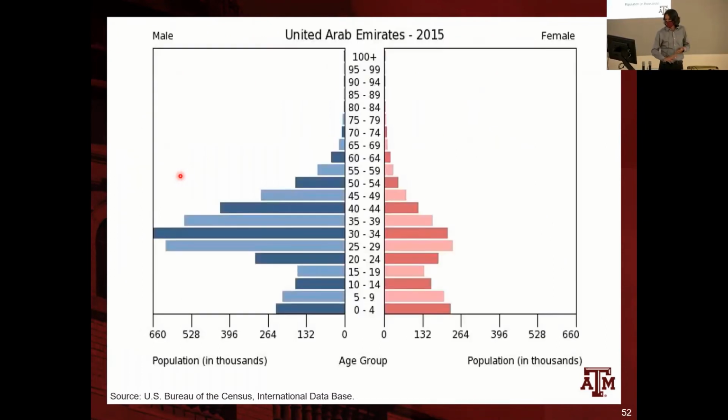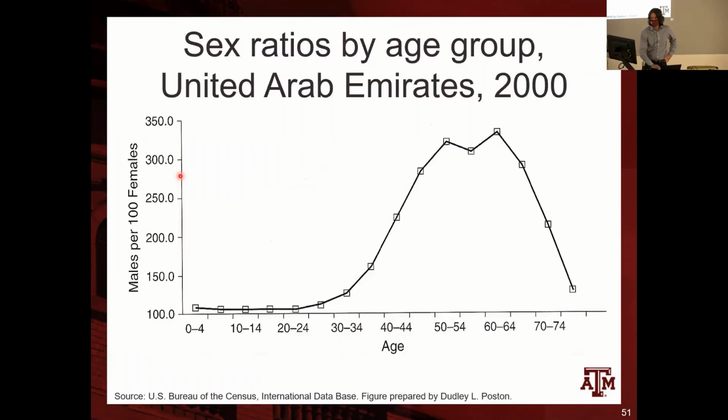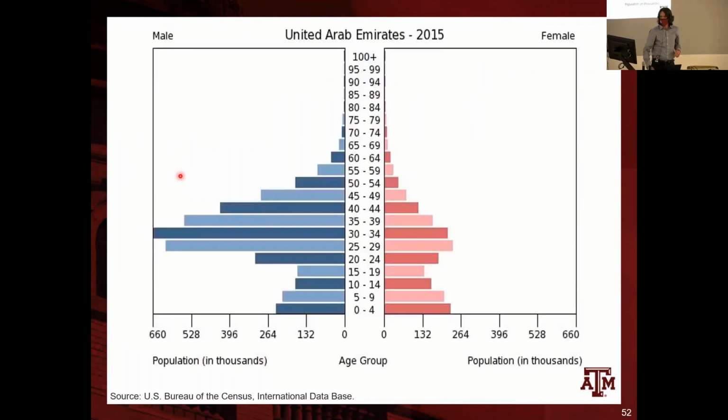And this is the same idea as before. In this graph, the sex ratio, we get the number of men divided by the number of women by age groups. And this is the age-sex pyramid, which is the same data as before, but instead of dividing one by the other, we show it in separated graphs.